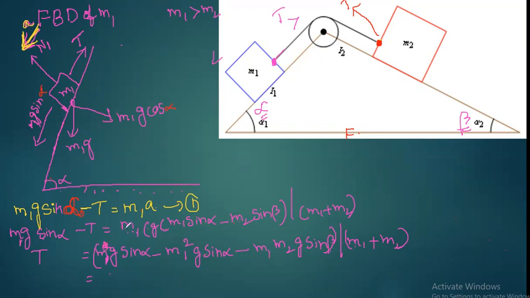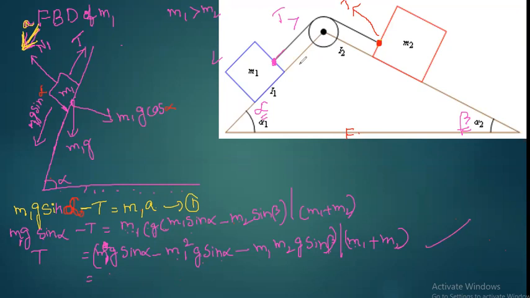This one is m1 square g sin alpha, m1 square g sin alpha minus m1 m2 g sin beta by m1 plus m2. Anything you have to simplify? Yeah, we can't simplify this.